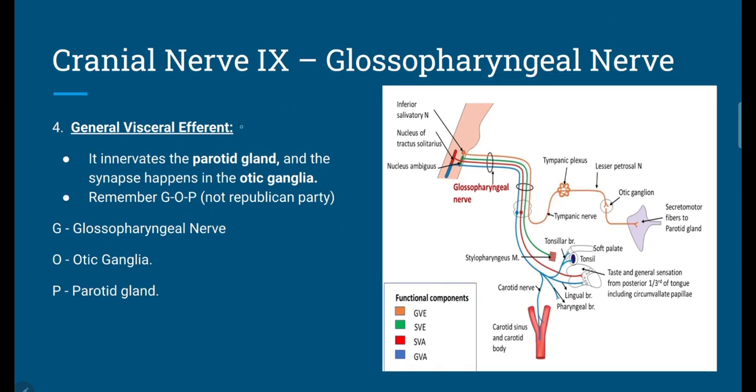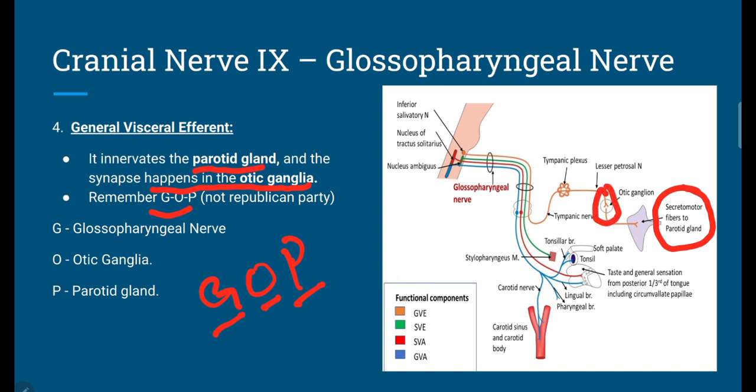Then we have the general visceral efferent. This will innervate the parotid gland, and the synapse happens in the otic ganglion. So remember the acronym GOP. G stands for glossopharyngeal nerve, O means otic ganglion, and P means parotid gland. So you see the secretomotor fibers of the parotid gland making a synapse here at the otic ganglion.